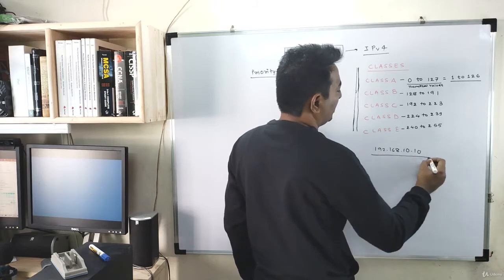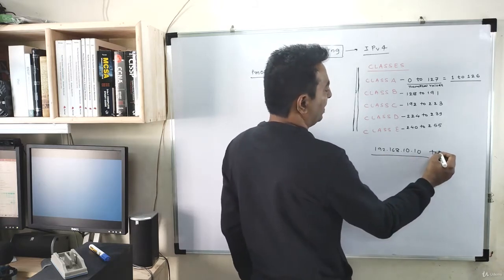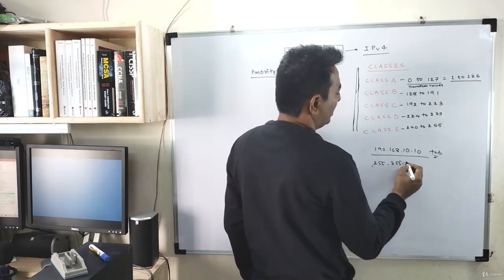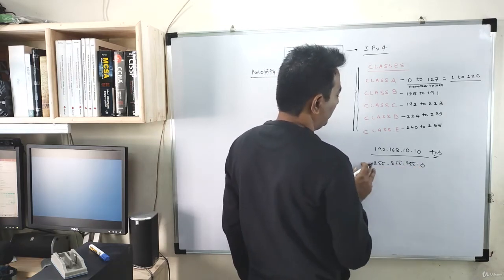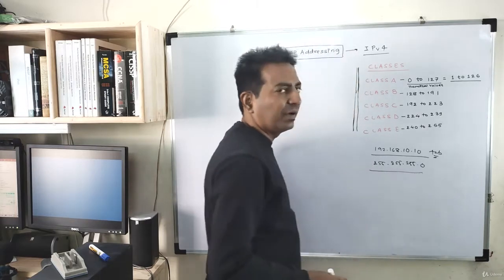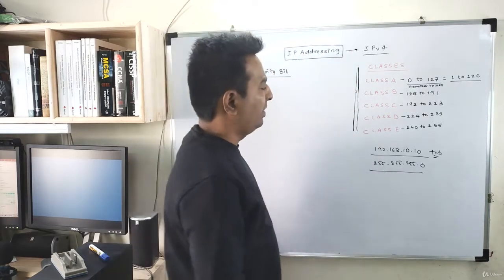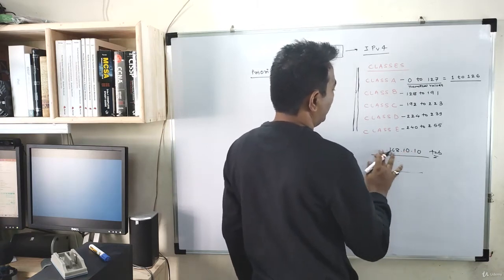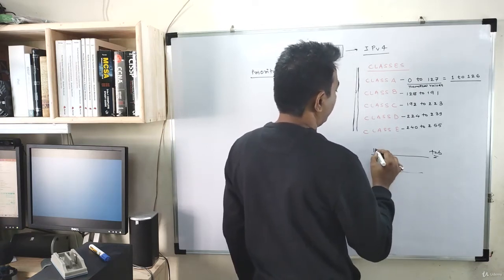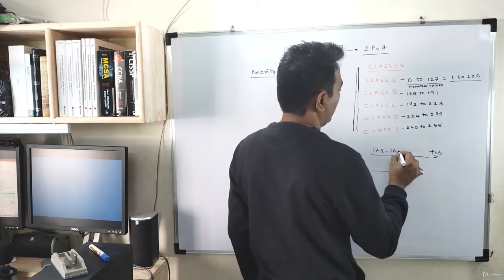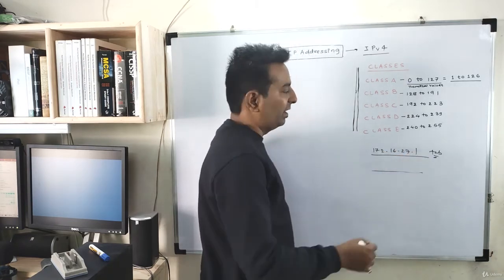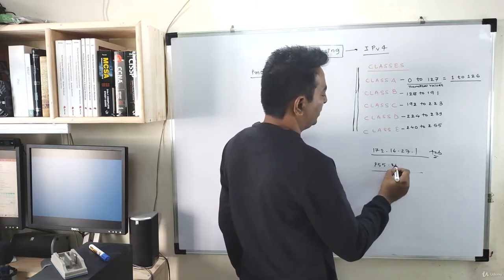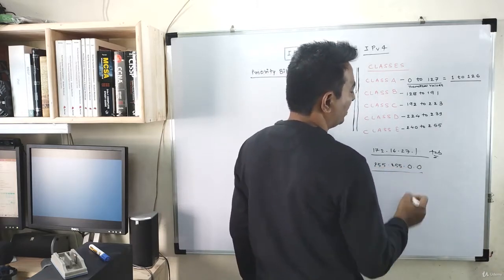192.168.10.10 in your computer and press the tab button, it is automatically going to give the subnet mask value as 255.255.255.0. Or if you delete this subnet mask and put an IP address here as 172.16.27.1 and again press tab, it's going to give you a subnet mask of 255.255.0.0.